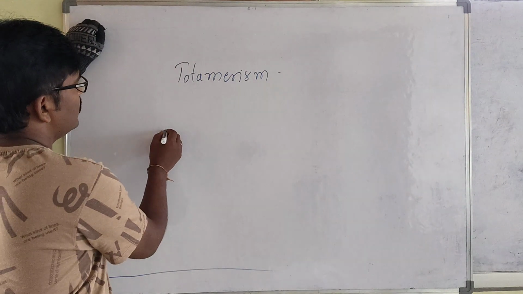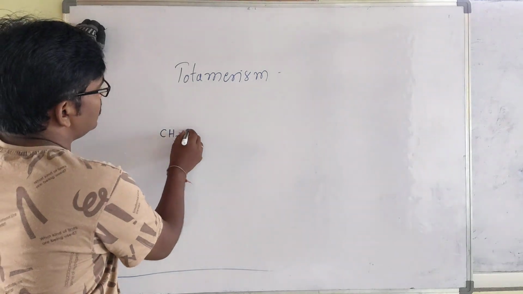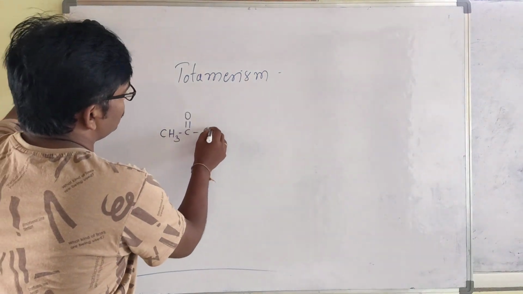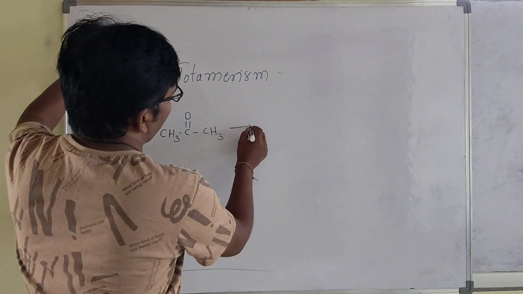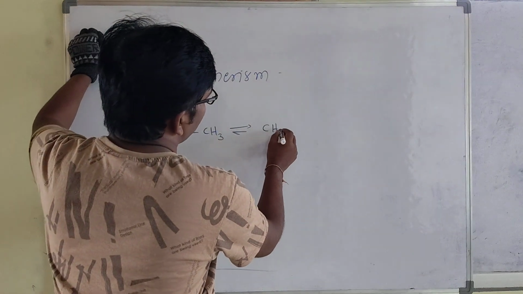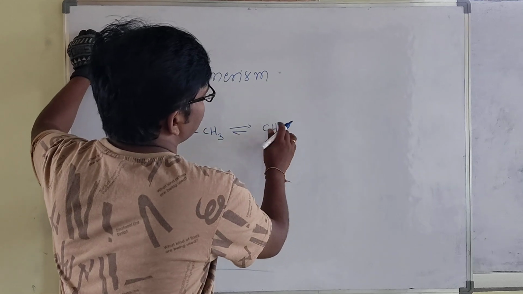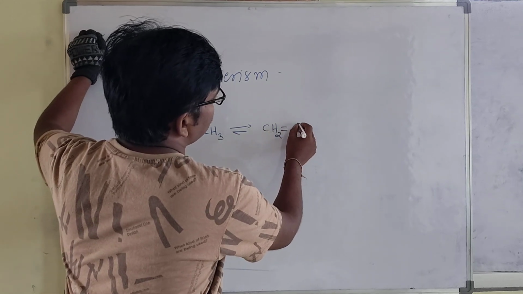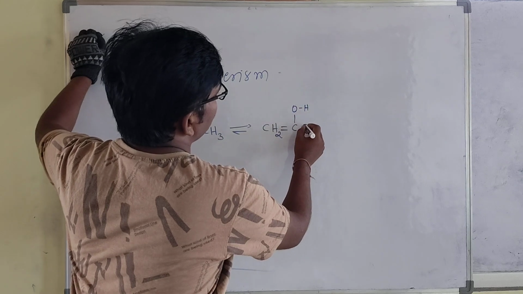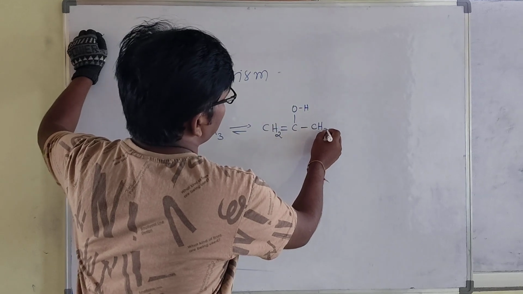For example, CH3, C double bond O, CH3 is converted into CH2 double bond C, OH, CH3.